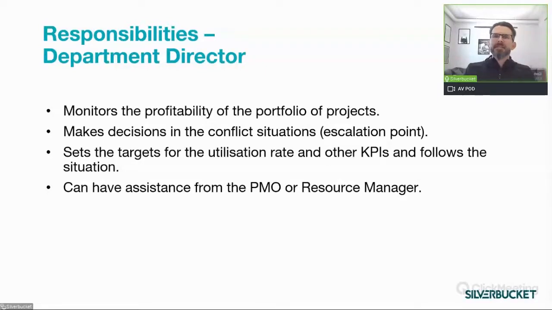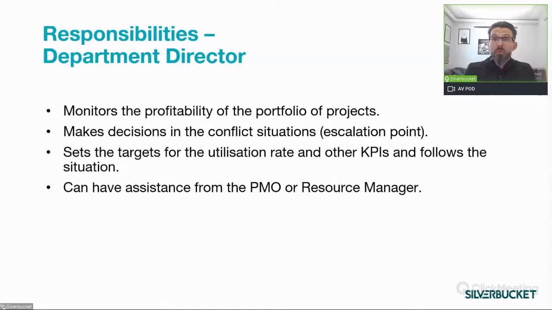They are interested in the high-level view of the entire department, both when it comes to the people and the projects. In case of conflicts in the resourcing situation, the department directors should act as an escalation point in case the team managers are not able to resolve the problems in the resource management meetings.